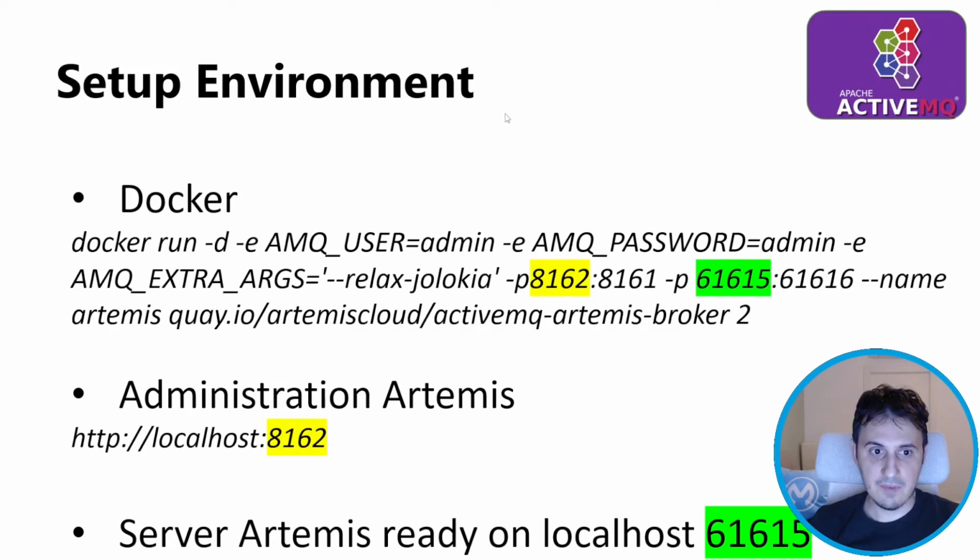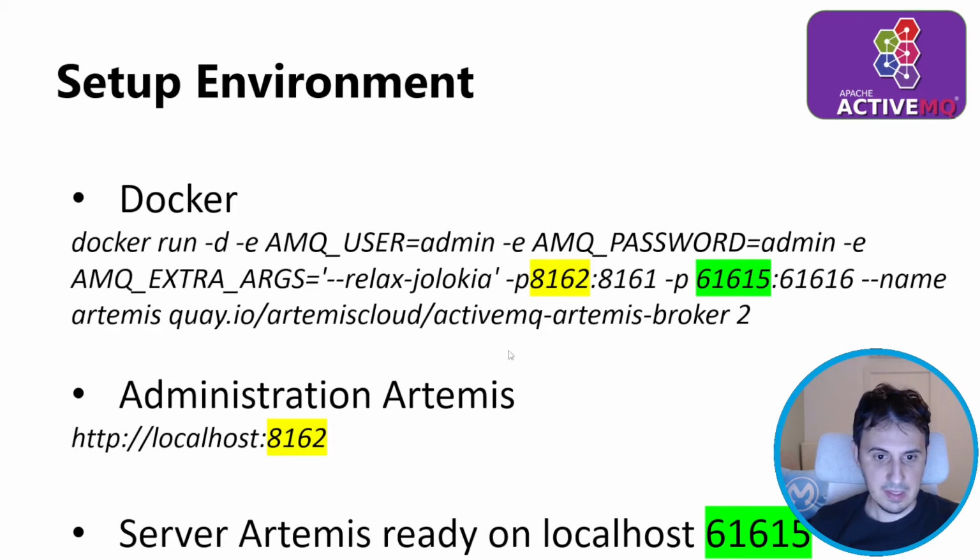To set up the environment, we will use Docker with port mapping from 8161 to 8162, because on 8161 there is the classic version, and the same for 61616, because on 61616 there is the classic version.